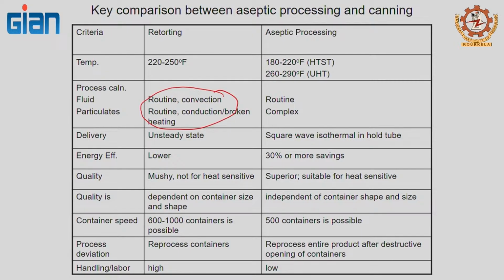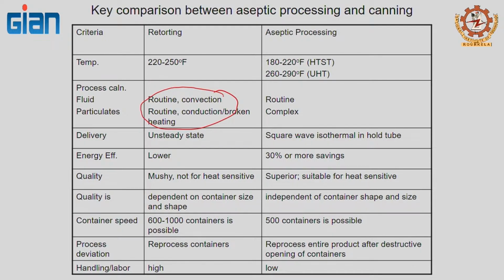For example, if I have orange juice and I want to can it, I put a thermocouple at one-third from the bottom of the can, and then I measure the temperature, deliver a certain process temperature and time, and then I achieve sterilization.